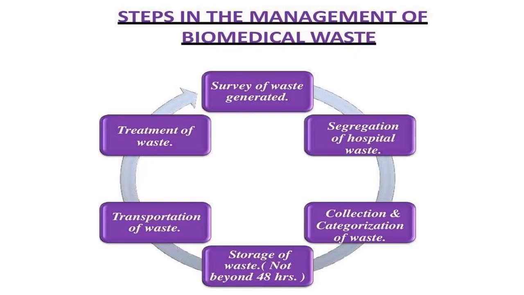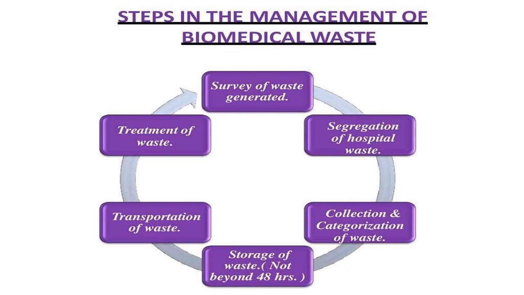The steps in management of biomedical waste. First of all, a survey of waste generated. Then segregation of hospital waste: the waste generated from the hospital should be segregated. After that, collect the waste and categorize it as infected waste and non-infected waste.